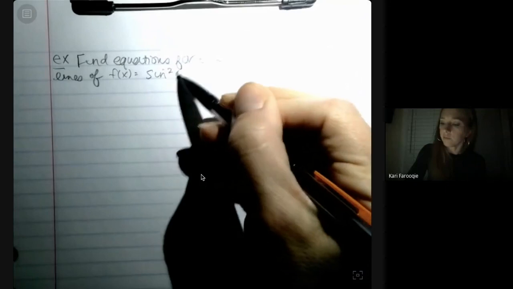Example. Find equations for the tangent and normal lines of f of x equals sine squared x plus the cosine cubed of x at pi over 2, 1.